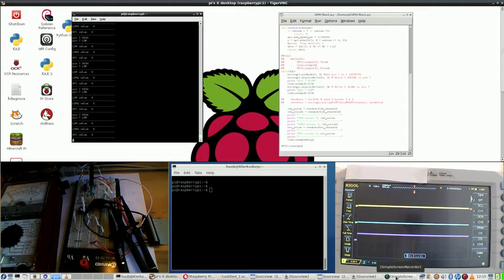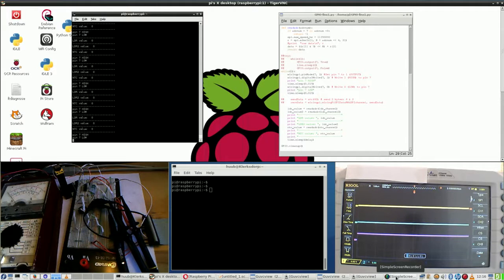So when I measure right here at the fischertechnik LDR, it gives the same reading. So there is an extremely low value.